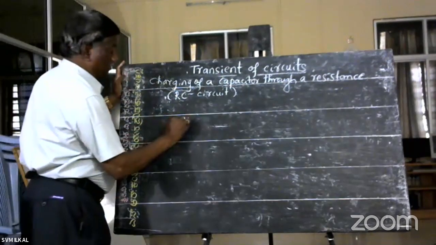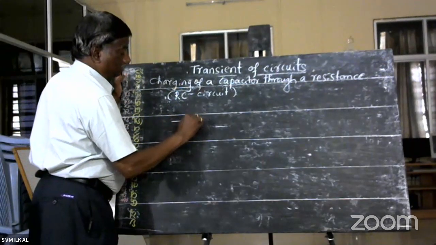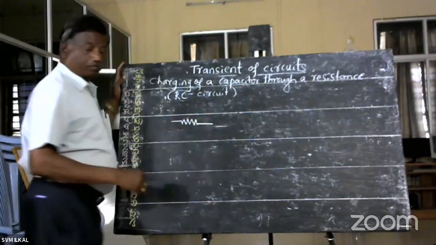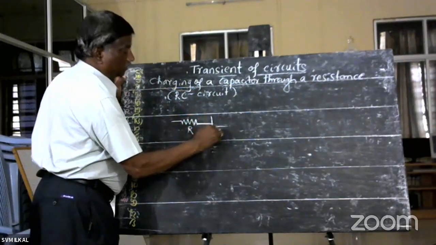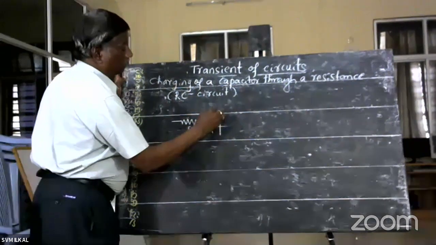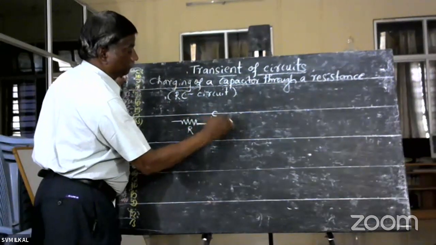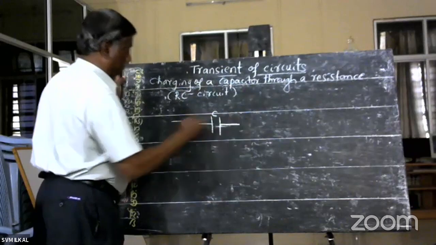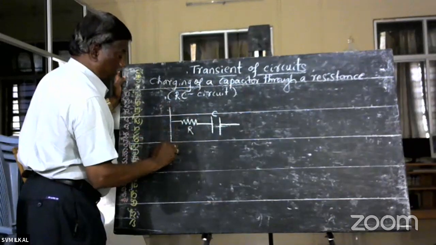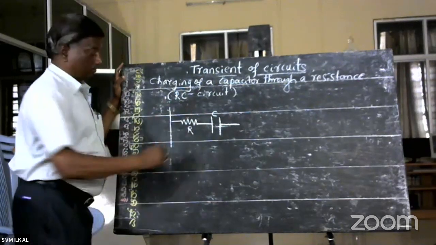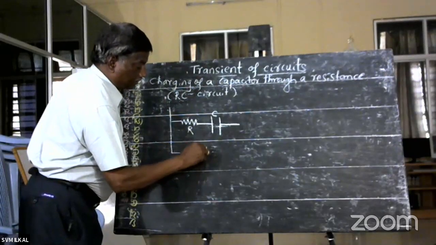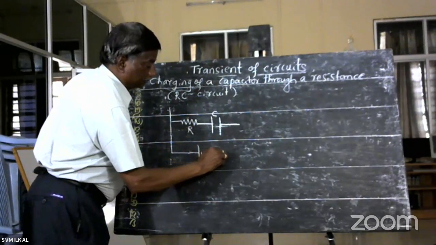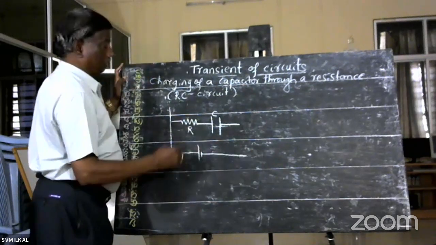See here, there is a resistance in the circuit. The symbolic representation of resistance is R. Here, there is a capacitor. The value of the capacitor is C. Okay. To charge the capacitor, there must be a source of electric current. There is a battery. Okay.